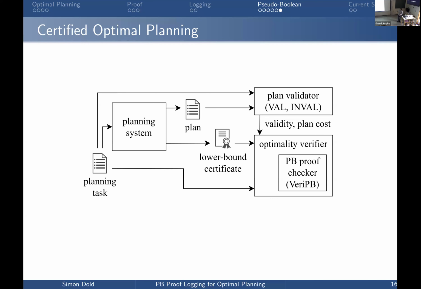And for the overall pipeline, you would have the planning task that you're trying to solve, and you put it into your planning system. And what's happening so far is that a planning system finds a plan, if one exists, and then this plan is validated that it actually is a plan and not some sequence of actions that wouldn't work out.